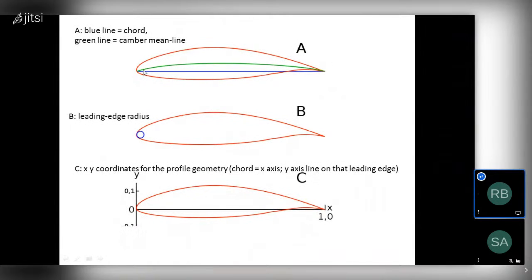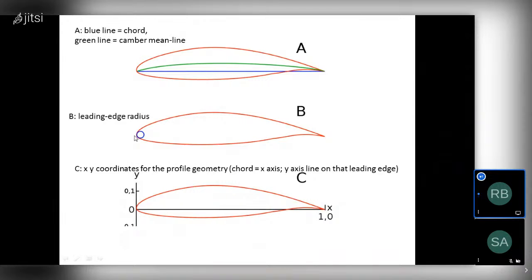So that is the major difference between the chord line and the mean camber line. The mean camber line is the equidistance line, and the chord line is just a straight line from the leading edge to the trailing edge. That's it.